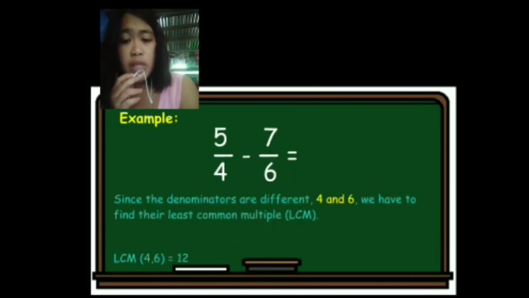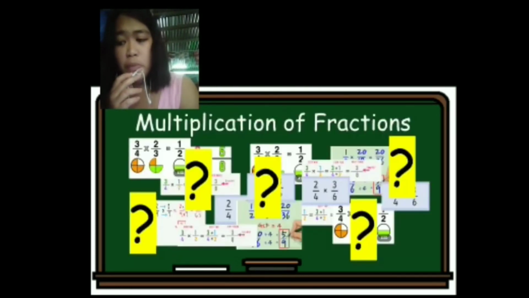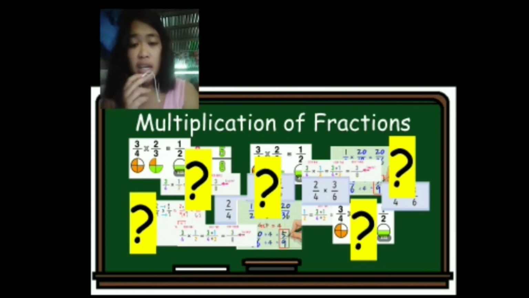And when it comes to multiplication of a fraction, you need to remember that the first step when multiplying fractions is to multiply the two numerators, and then the second step is to multiply the two denominators, and finally simplify or reduce the new fraction if it is needed.